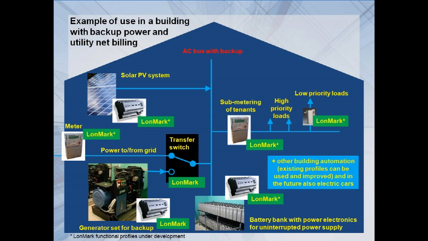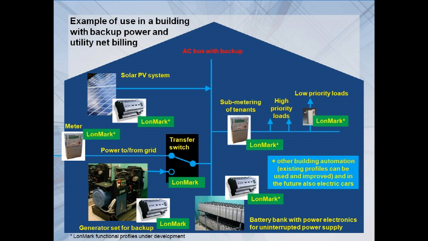So power is coming in from that grid on the left through a meter in this case, and then through a transfer switch. This transfer switch can enable you to connect the genset when the grid is not working.